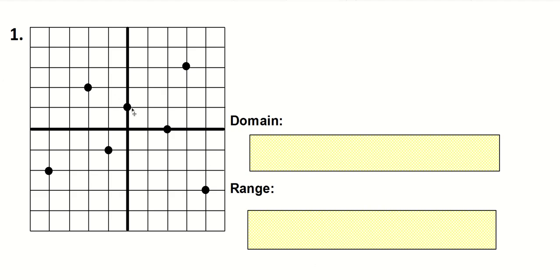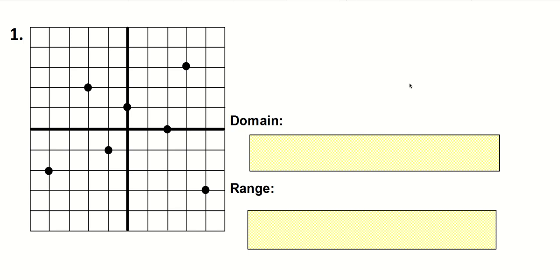Starting with this first one, which looks a little different, I guess, but this is actually arguably the easiest kind of graph if I want the domain and range, because this graph actually doesn't have an endless number of points. There's only so many of them. There's only 1, 2, 3, 4, 5, 6, 7 points.